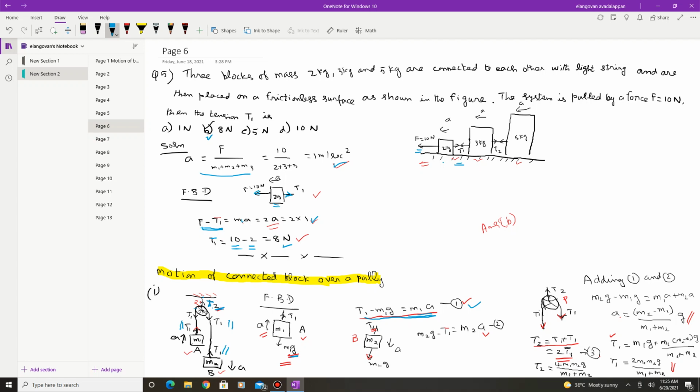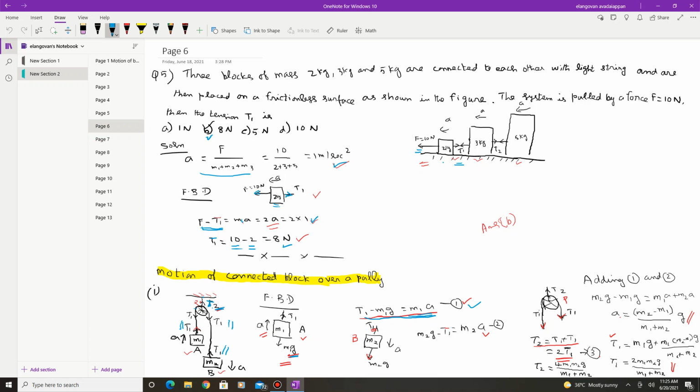You consider another block M2, and again M2g is the force due to gravity acting towards the earth, so in the downward direction, and T1 is the tension acting upwards. The block M2 is moving downwards because in the diagram the acceleration is given in the downward direction.